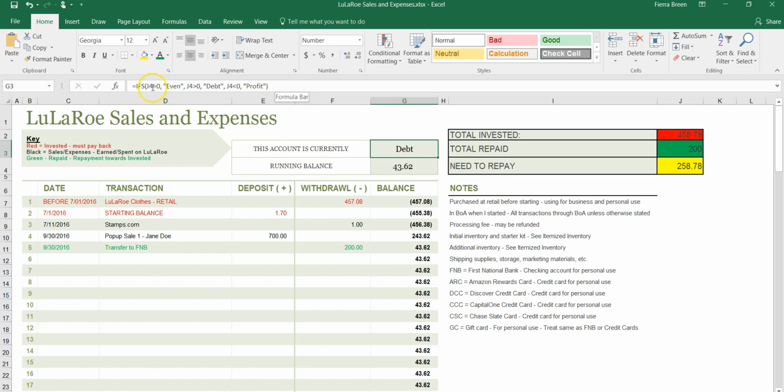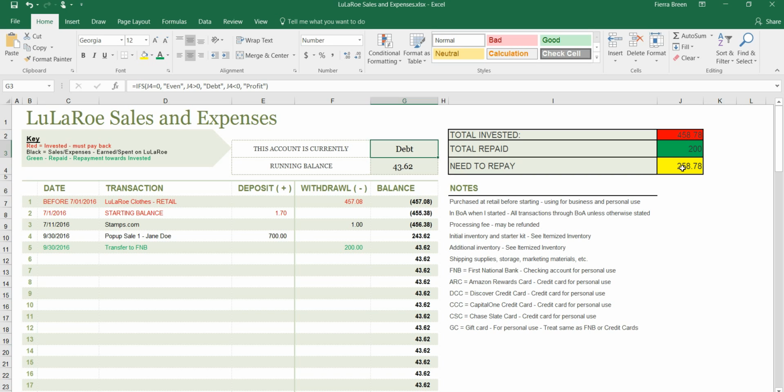So if this figure is equal to 0, it's going to say even. If it's greater than 0, it's going to say debt, meaning I still have to pay myself back, which is what it says right now. And if it's less than 0, it means profit, which means I've paid off my investment and I've started paying myself for doing LuLaRoe.